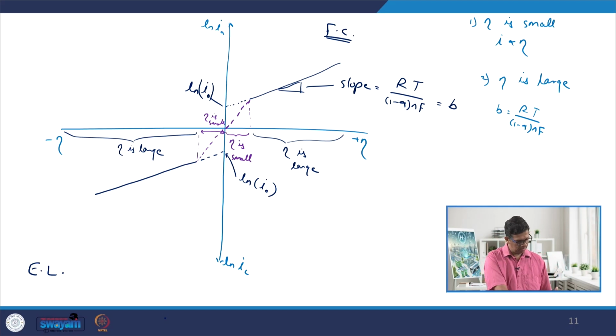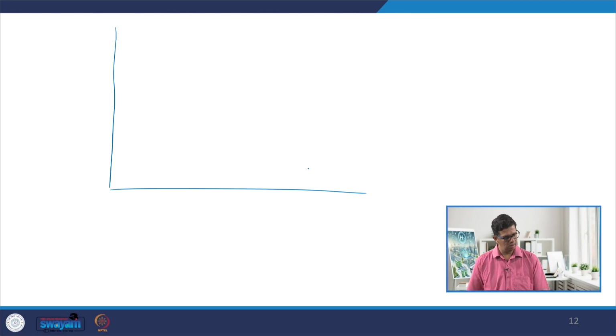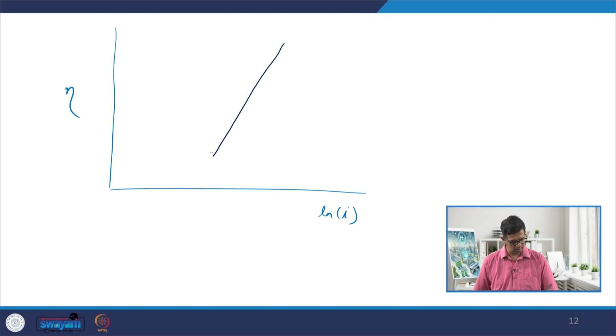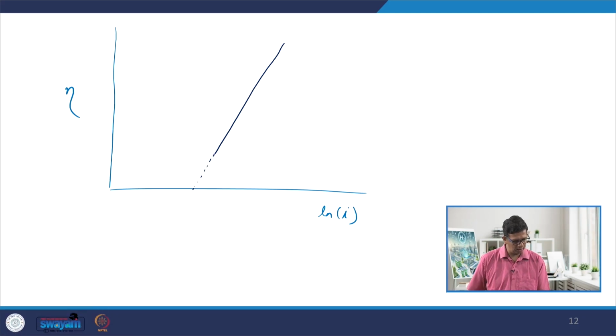If I try to draw, trying to understand what is happening at lower overpotentials, with the same colors, there is a change in the slope. That change goes like this.